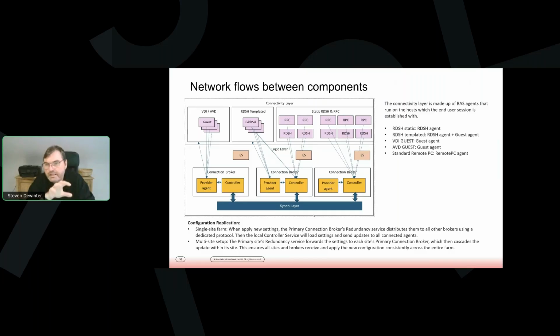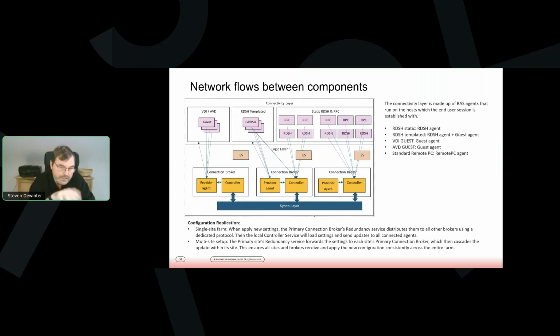The guest agent takes care of everything to do with auto scaling, provisioning, templates and clones. The RDSH agent takes care of the specifics linked to the multi-user Windows operating systems like Server 2022, Server 2025, and so on.